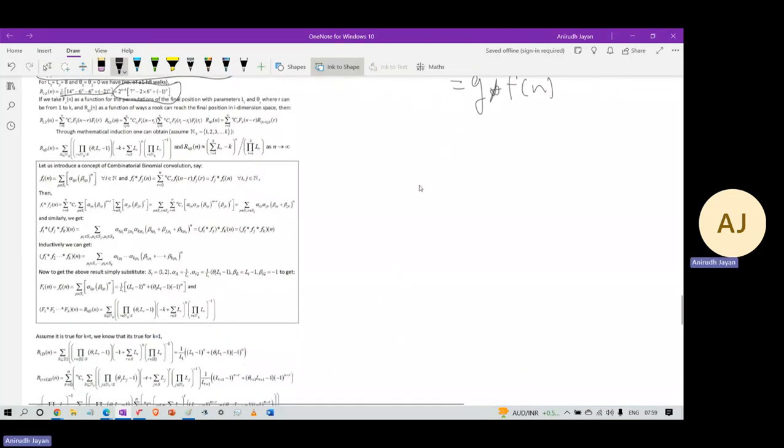Now, assume f as a linear combination of exponentials. Say f i of n is the sum of alpha i, alpha j times beta i, beta j to the power n.